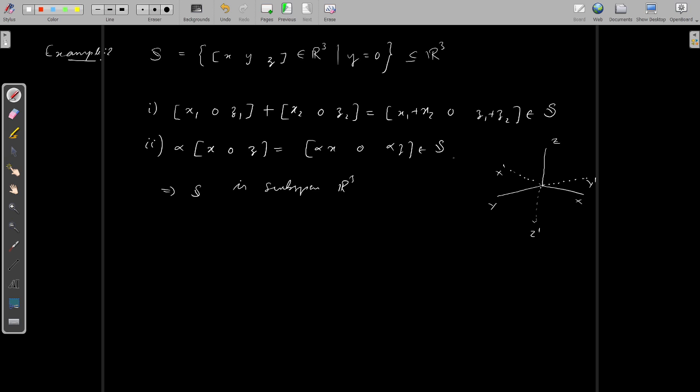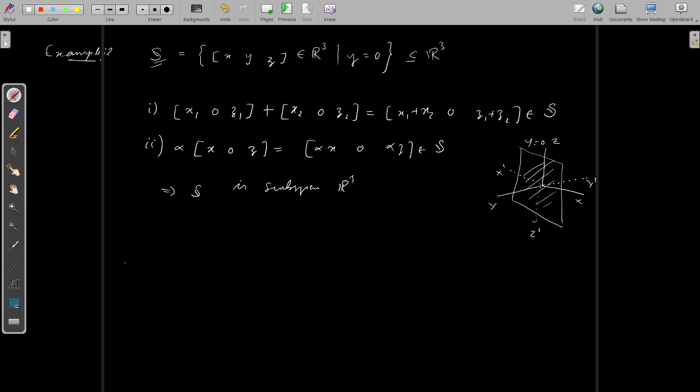Y equal to 0 means that it is the XZ plane, right? So that is like this. The XZ plane will be like this. For this plane y is equal to 0. So this represents the subspace S. This is the geometry of the subspace in R3.